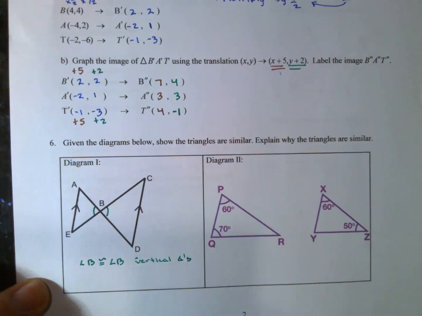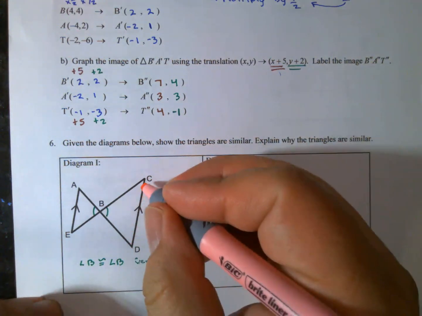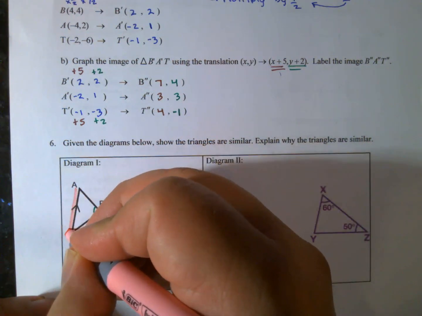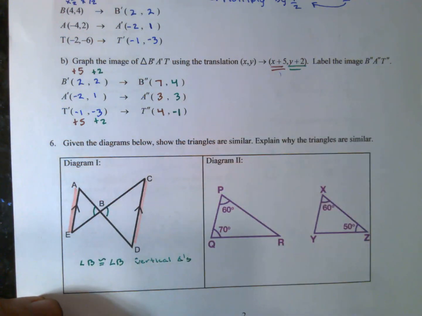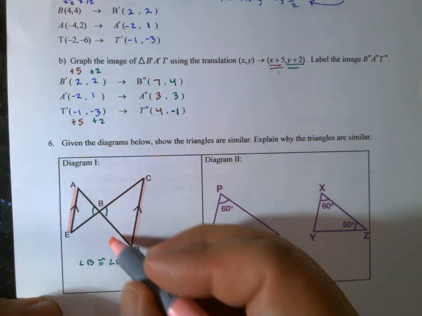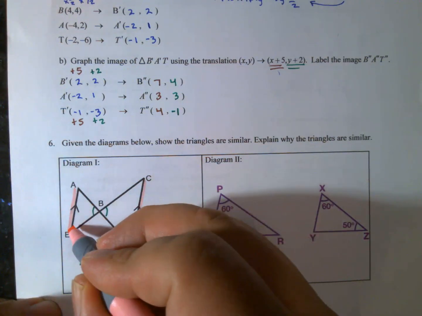All right, but I need one more. Well, you can't forget that they are showing us that these two lines are parallel to each other. And if these two lines are parallel, remember we have one basic rule we can use, and that's to create a Z pattern. So I have my two lines. Now I can trace this line or this one. It doesn't matter which one, but I can create a Z from it.